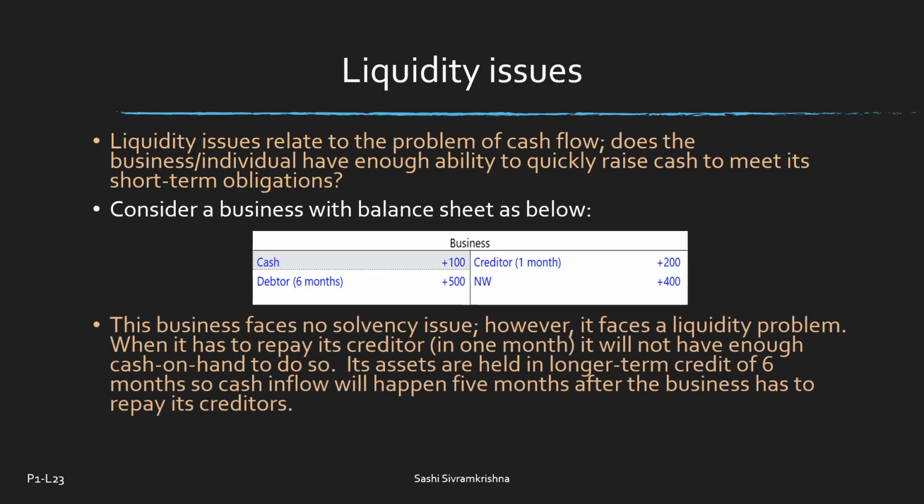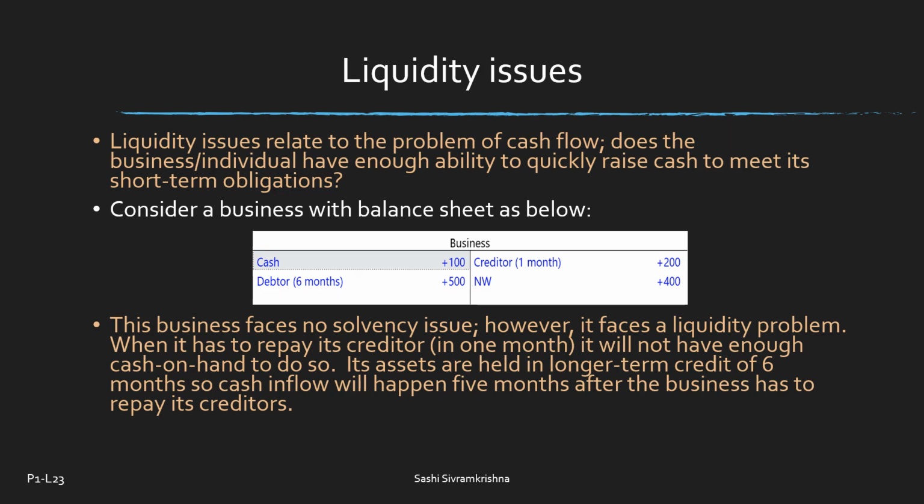So this company faces no solvency issue. However, it faces a liquidity problem. It has to repay its creditor 200 rupees or $200 1 month from now. It can use the cash it has on hand of 100. But how will it repay the remaining 100 to its creditors?